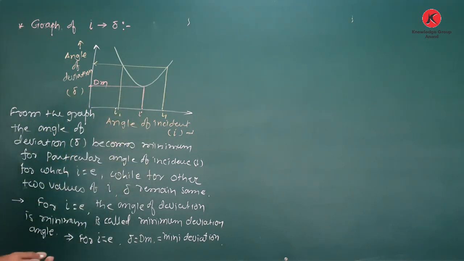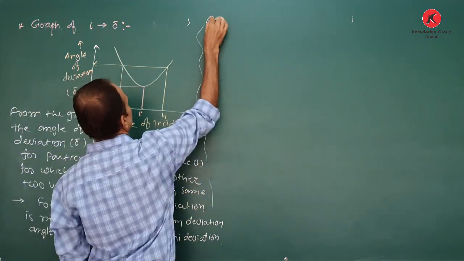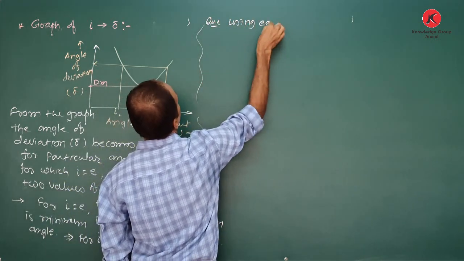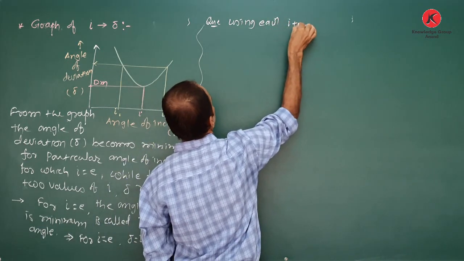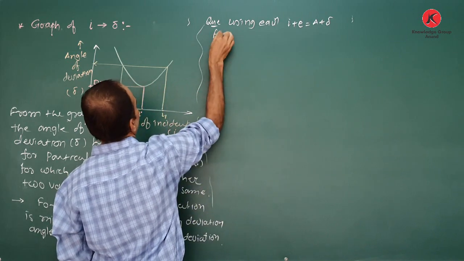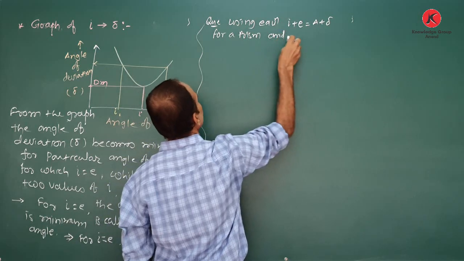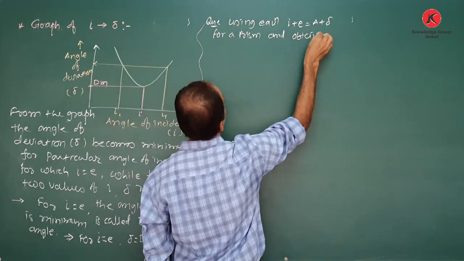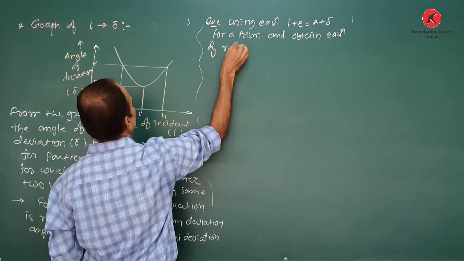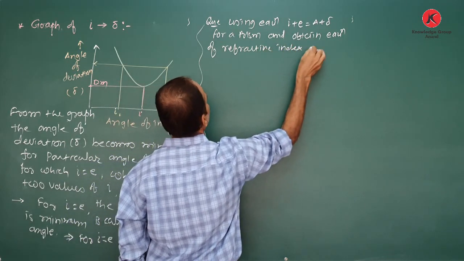Now after that, for a prism, the question is: using the equation i plus e is equal to A plus delta for a prism, obtain the equation of the refractive index of a prism.